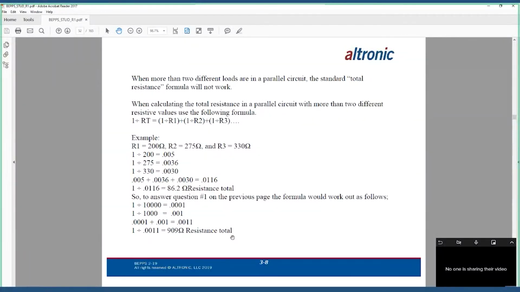So we showed an example here of a different way to work it out. This is the best way to do it because had our resistance been all over the place, like this example, I don't believe we would have been able to get the same answer. So there's just another way of working it out.